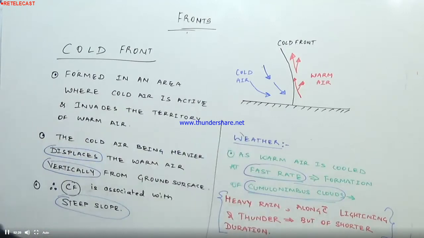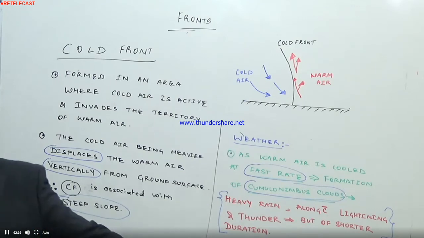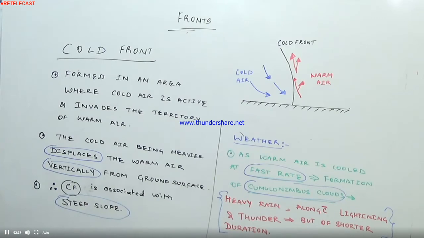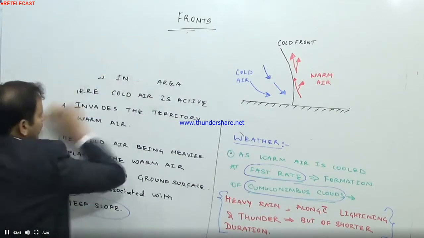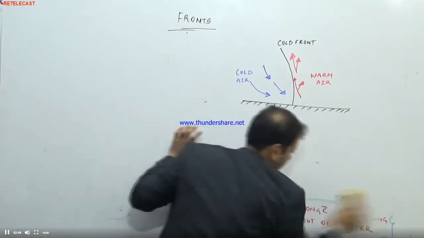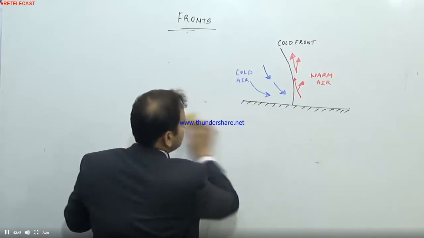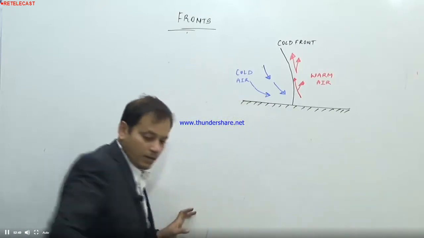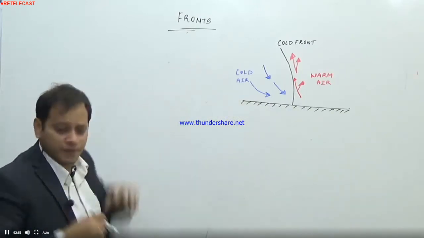Now, this is what we have studied till now. That is, there will be warm air, cold air, and displacement of the warm air. So what is going to happen in the end, whether it is a warm front or a cold front?